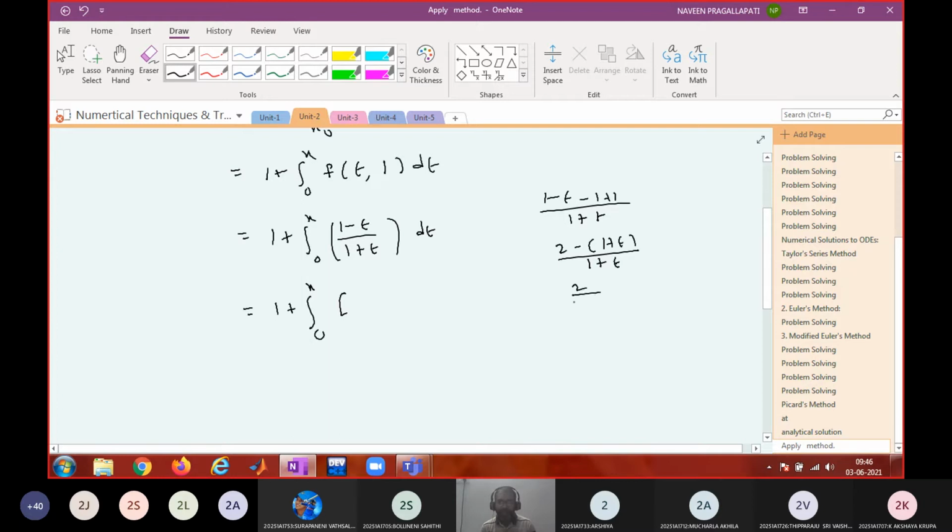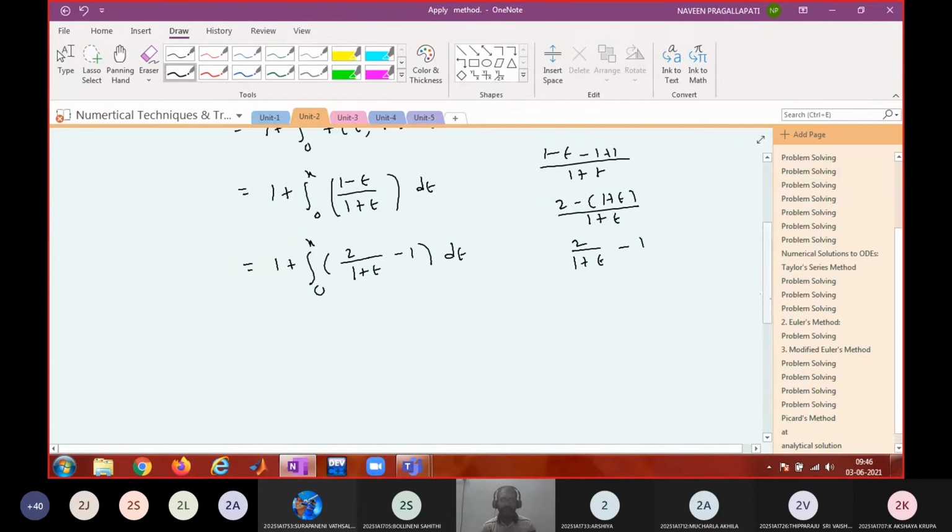So this is 2 by 1 plus t minus 1. Am I right? So this is the integral of 2 by 1 plus t minus 1 dt. Okay, now what will be the integration?